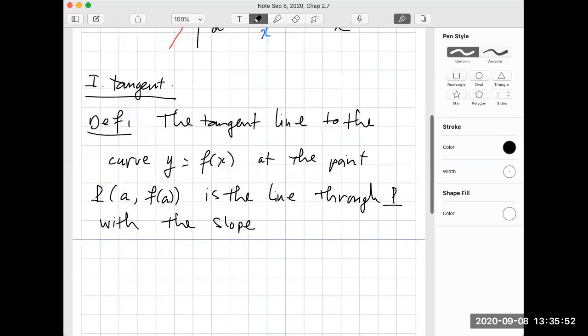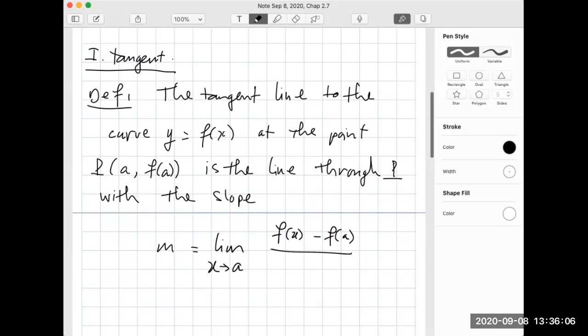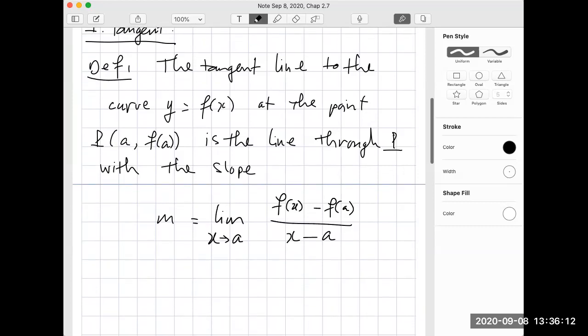And m is defined as the limit when x approaches a of f of x minus f of a divided by x minus a, provided that the limit exists.